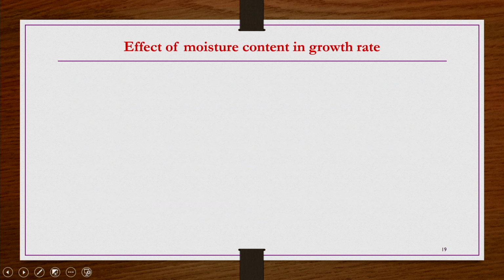Next is the effect of moisture content on growth rate. How much liquid should you give for a given fraction of solid material, for a given liquid density and a given solid density, in a granulation process? That is also a very important factor. We will first see the effect of this moisture content, and then try to build up an equation for it.